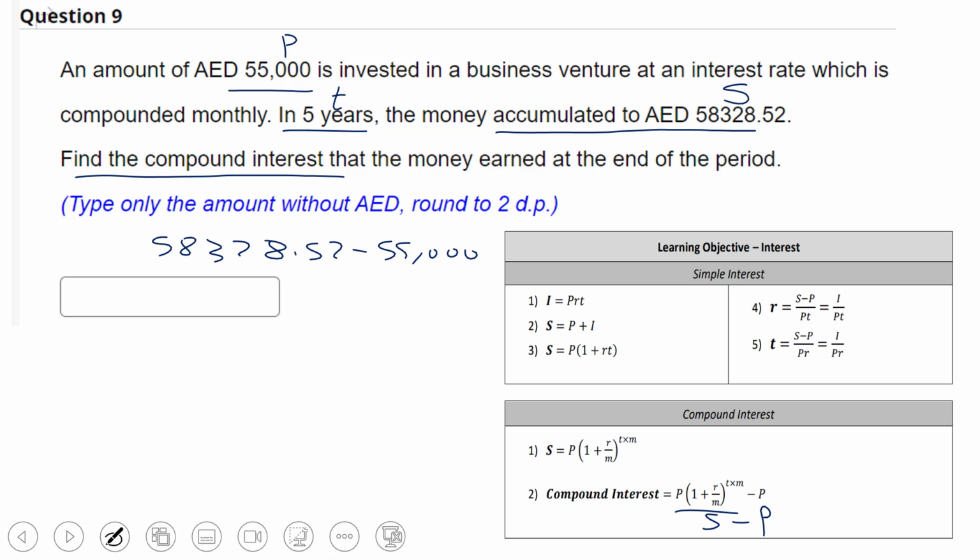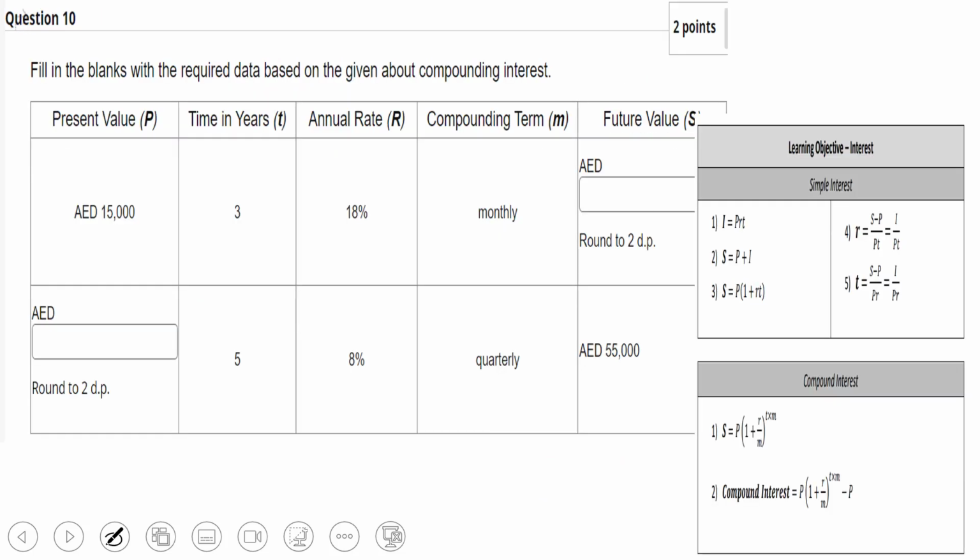You will get how much? 3,328.52. Please check after me, right? Okay, be careful. It said round, it's already rounded to this one, so no need to do it.